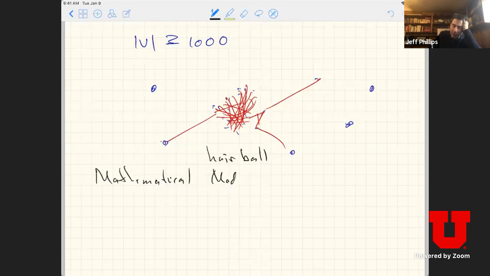mathematical models of these large graphs, and then I can study the mathematics of them. I can say, will there be clusters or not of a certain type?